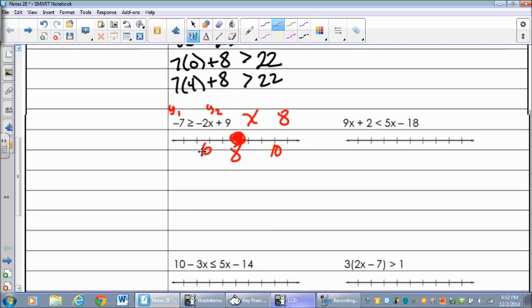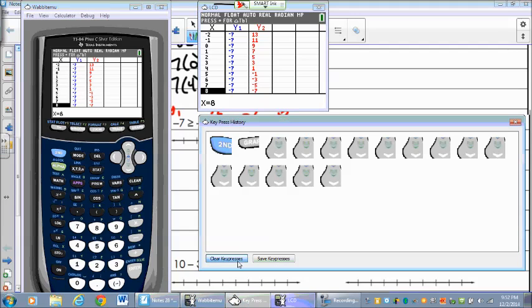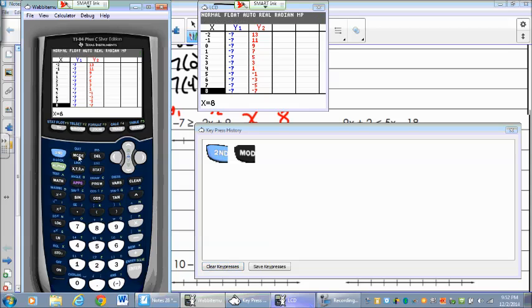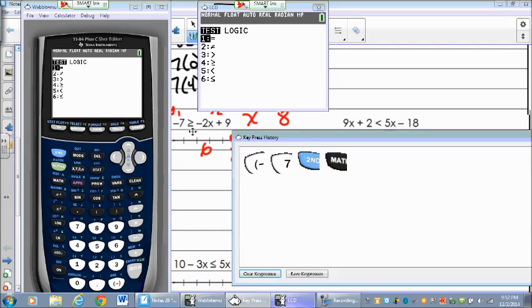So I'm going to pick two numbers, and I'm going to plug them into my equation. I'm going to pick 6 and 10. Realize I'm just picking numbers left and right. I got a test. Okay, so I had -7, and then my equation, which was the greater than or equal to, which is number 4.